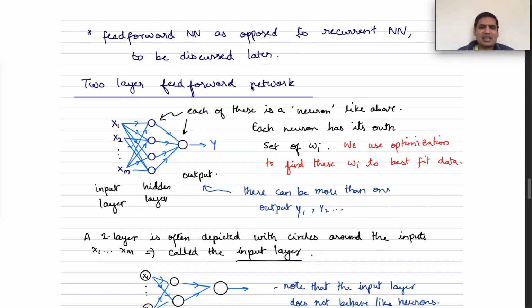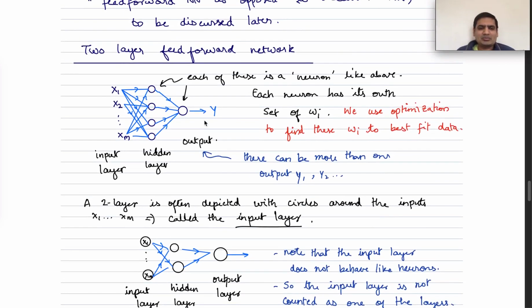Here we have a two-layer feed-forward network, again with just one output. Of course, you can have many outputs, and that would also be a two-layer feed-forward network. We have a whole bunch of inputs. Each of these inputs potentially goes to a whole bunch of neurons. And then the outputs of those neurons go to perhaps another whole bunch of neurons which provide the outputs. So we have the output layer where you can have multiple neurons.